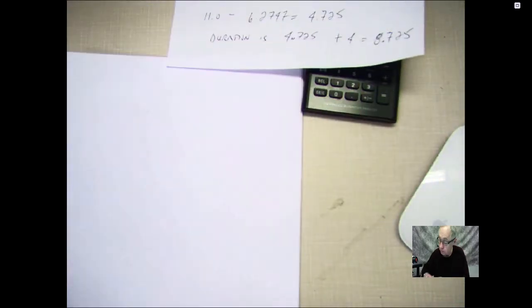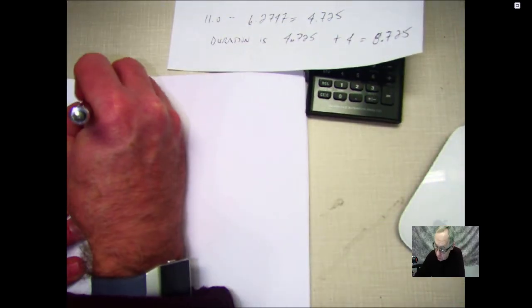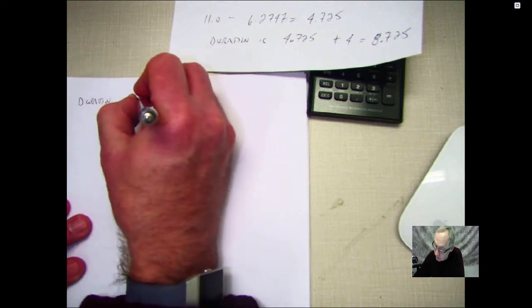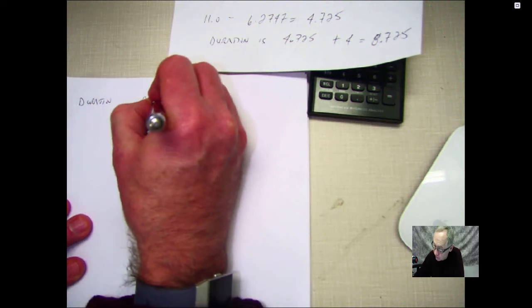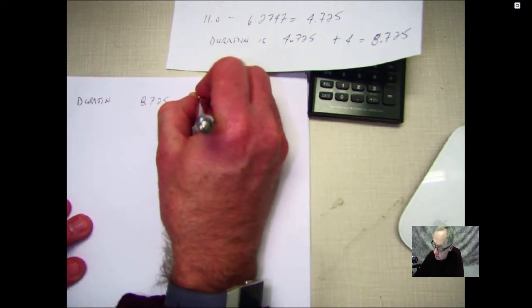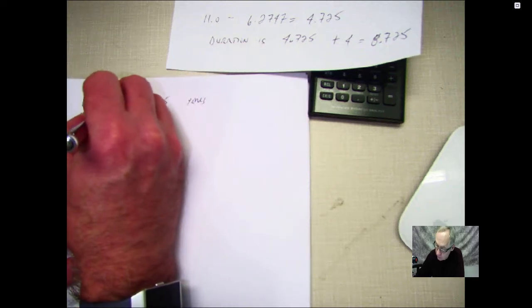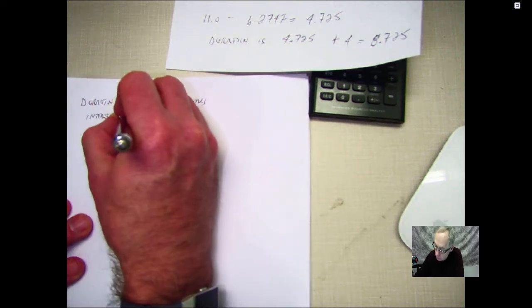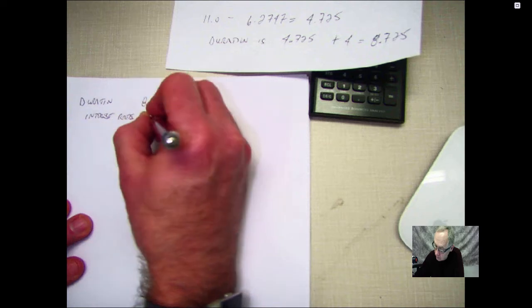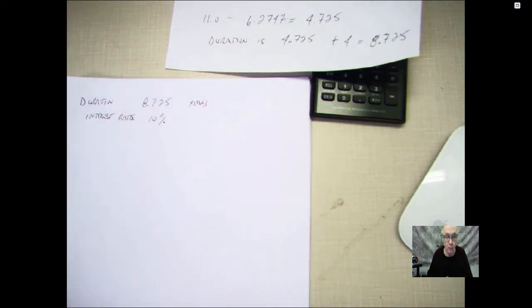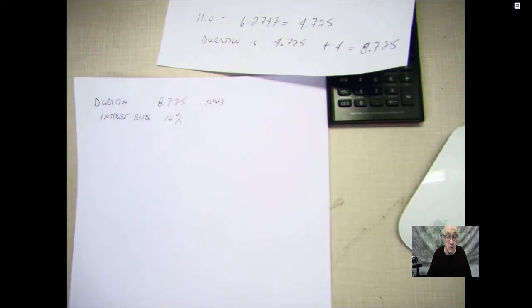So part B to this question asks, if we use 5-year, so let's say where we are, duration is 8.725 years, interest rate at 10% per annum. Okay, so next piece, we've used our annuity formula to calculate the duration.